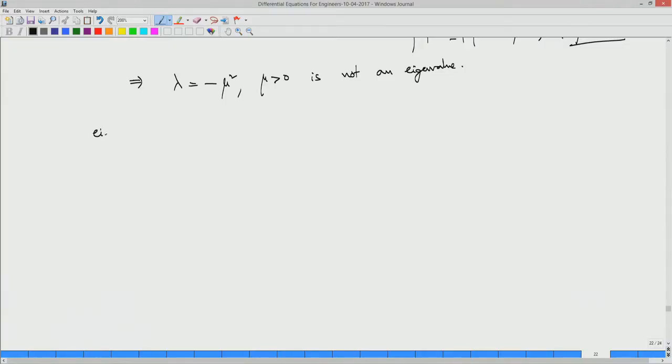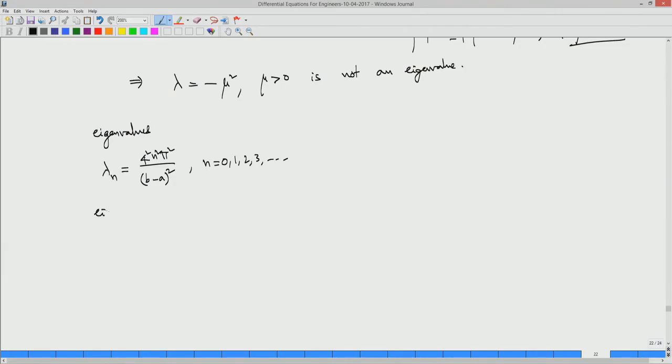So, you can now put it together, all the eigenvalues. First of all, I have only lambda n, which is 4 pi square n square by b minus a whole square, for n equal to 0, 1, 2, 3 onwards.